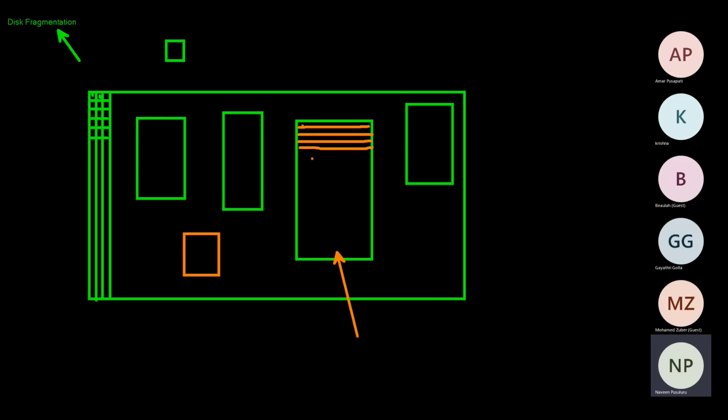It can write the data in free chunks only. Now I have a few free chunks here, because I deleted this data, and let's assume that I have deleted this data as well, then I have a few free chunks here, a few here, like that, right?